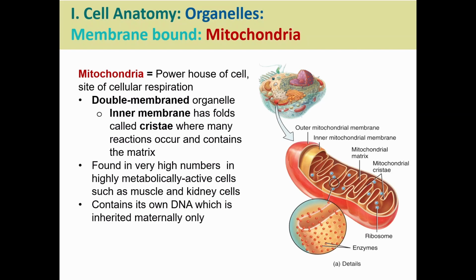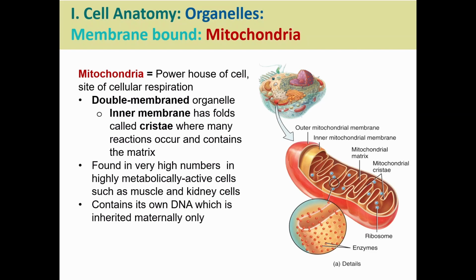Now these are double membraned, so they have both an inner and an outer membrane. That's different from the other organelles we've seen. And the reason that we see that is because the thought is that mitochondria were actually free living. And so when our old ancient cells brought the mitochondria in, they still had their membrane and then got enveloped in a piece of the membrane of the ancient cell.